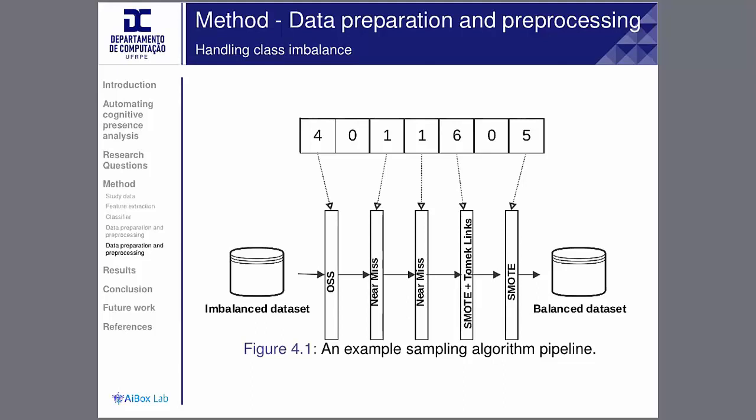As you can see, there are many different combinations of sampling algorithms. This is just one possible combination. So this is a combinatorial problem.